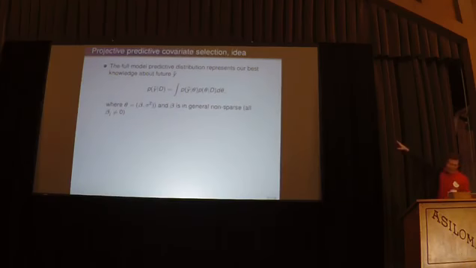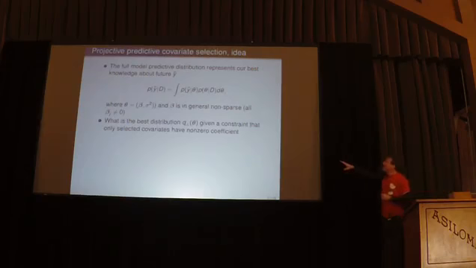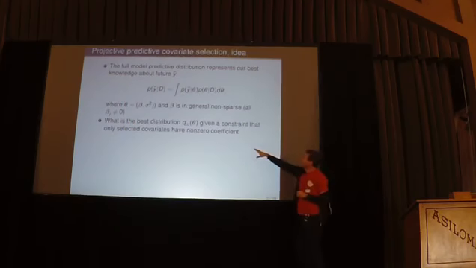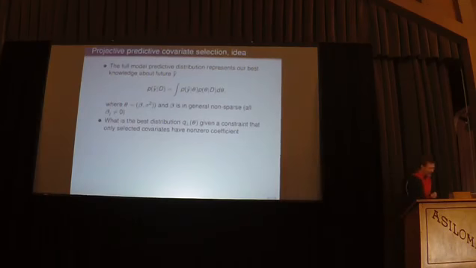So here's our full model predictive distribution. And then the question was, what's the best projection distribution q given the constraint?